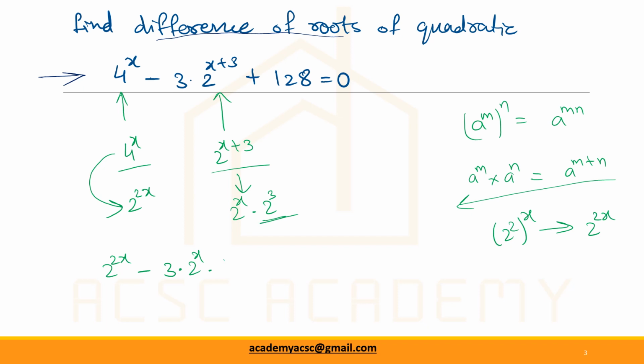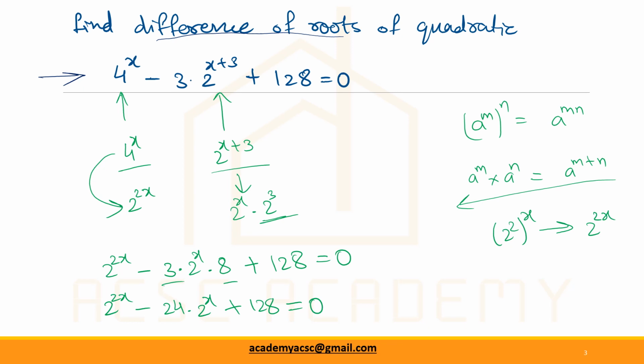What is it? 2 cube is 8, plus 128 equal to 0. You can again simplify it as 2 raised to 2x minus 24 times 2 raised to x plus 128 equal to 0, as 8 and 3 combined form 24.